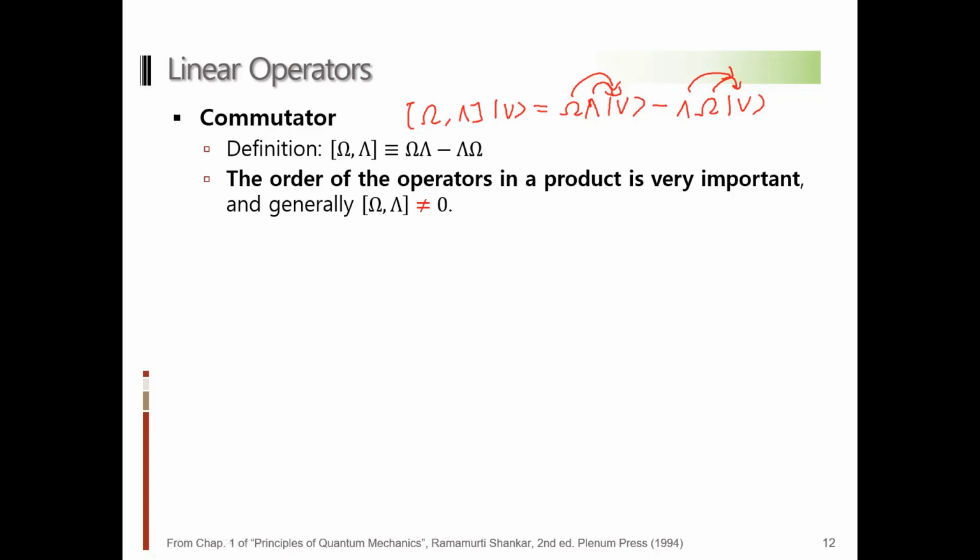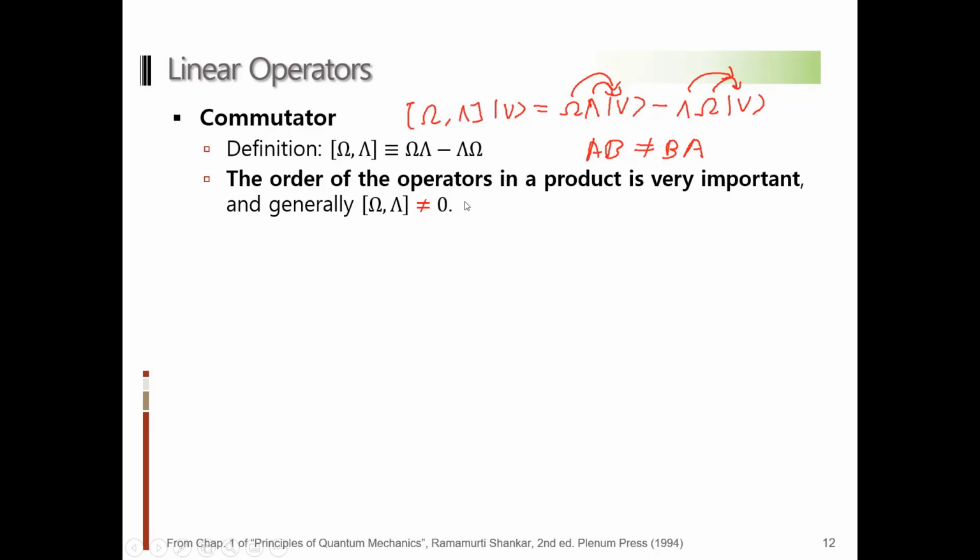For example, you are familiar with the concept that the multiplication AB is not necessarily the same as BA when A and B are matrices. So in that case the operating order matters, and the role of the commutator is measuring the difference between this case and this case.